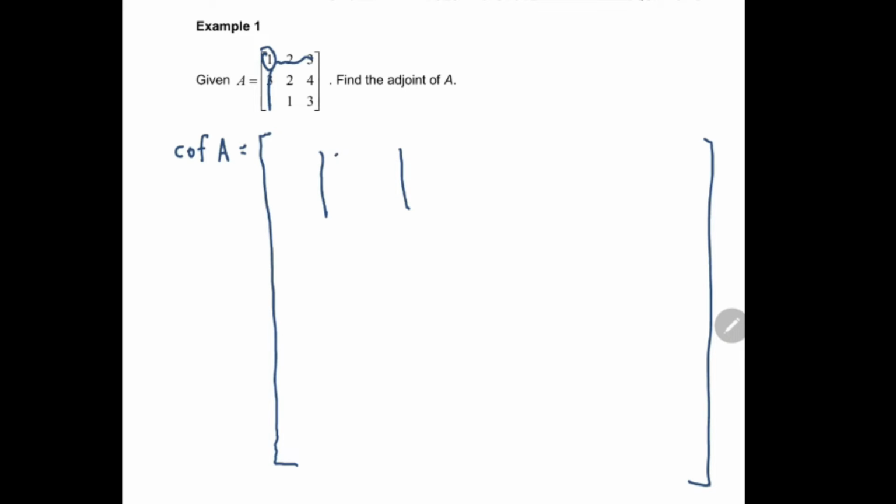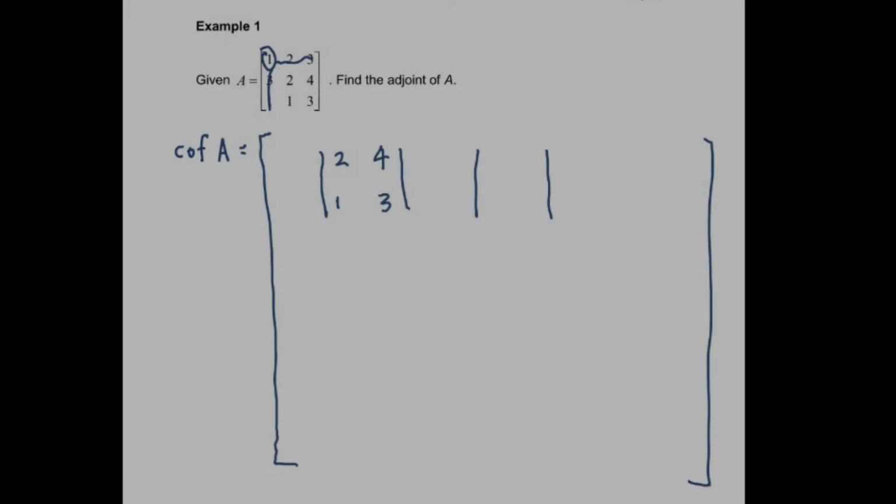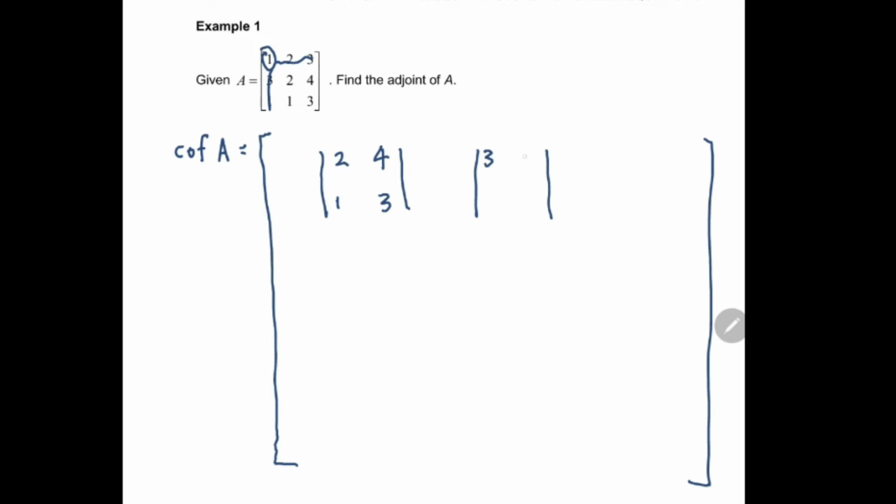So here is 2, 4, 1, 3. And then for the next one, 3, 4, 1, 3.